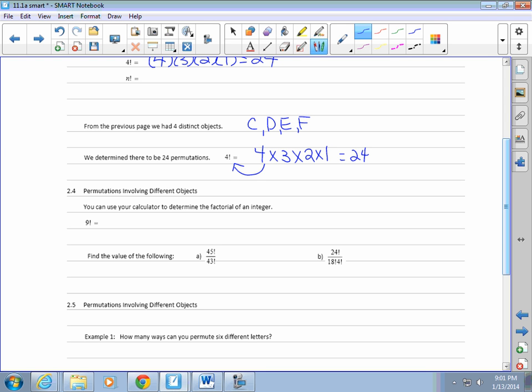So when you have permutations involving different objects, it says you can use your calculator to determine the factorial of an integer. So 9 factorial. On your calculator, this is what you would do. You'd press the 9, then you use the math key. The math key, if you're looking for it, is on the left-hand side, right under second and alpha.